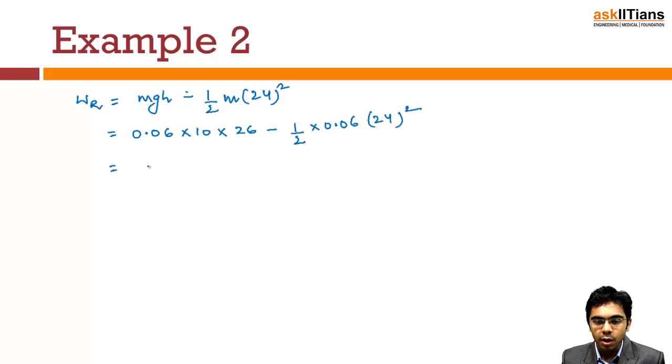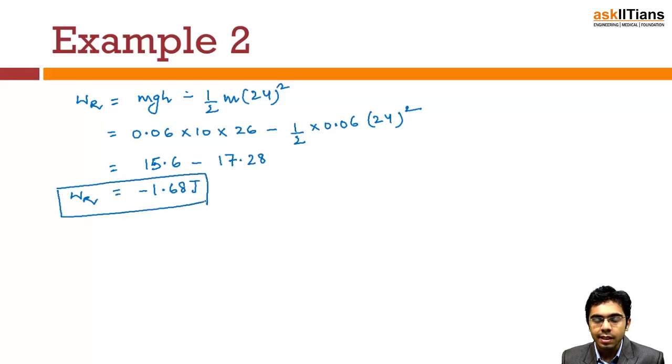So this comes out to be 15.6 minus 17.28. So this comes out to be 1.68 joule with a minus sign. So as we can see, the resistive work comes out to be minus 1.68. That means it is opposing the motion.